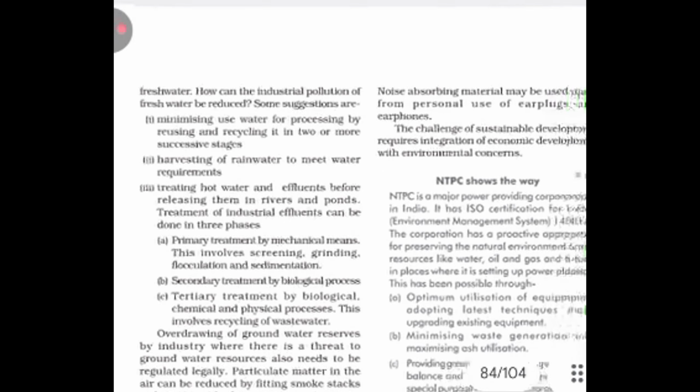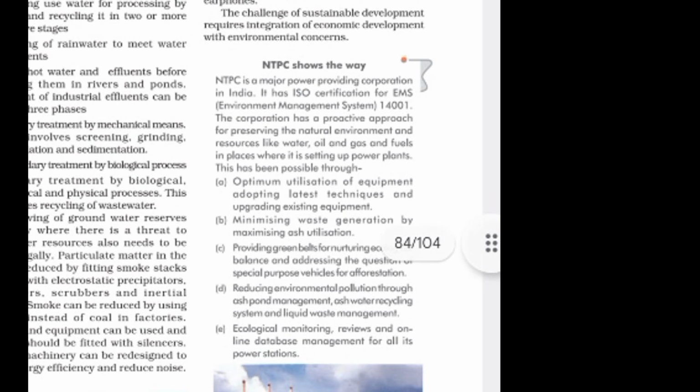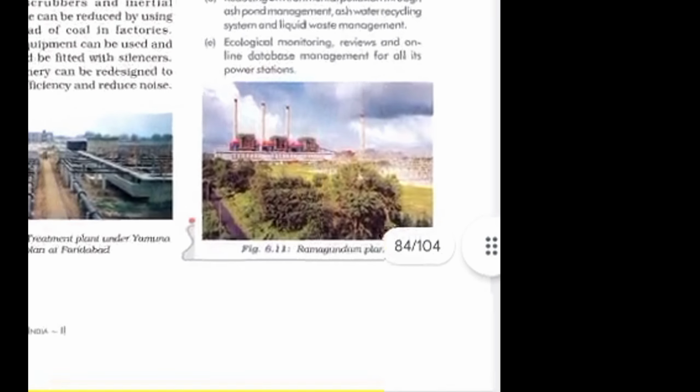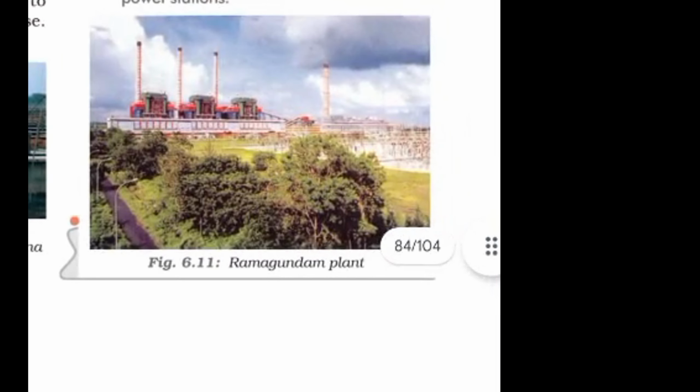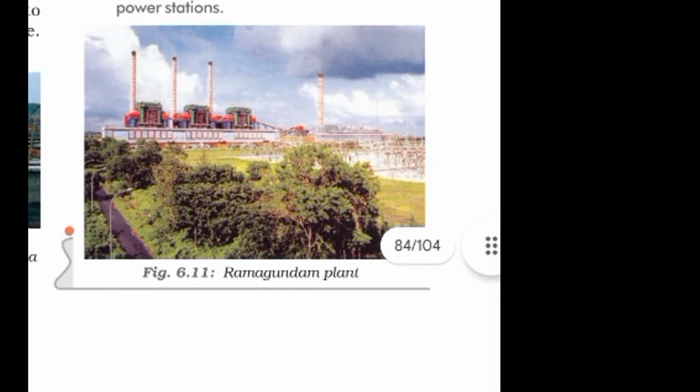NTPC, National Thermal Power Corporation, has shown us the way. Look at their factory.